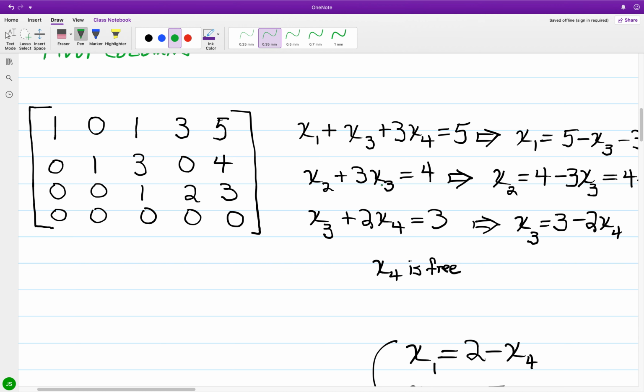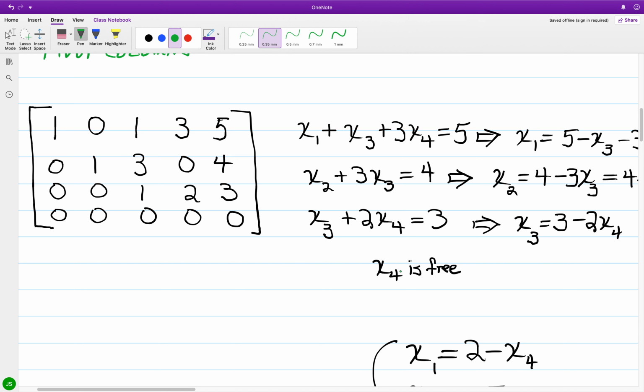We're going to express these equations in as few variables as possible, in terms of free elements or free variables. If you notice, we have x of 1, x of 2, x of 3, but there's nothing in the fourth row to indicate that x of 4 is a leading variable or basic variable.